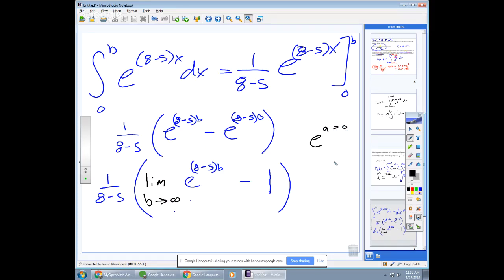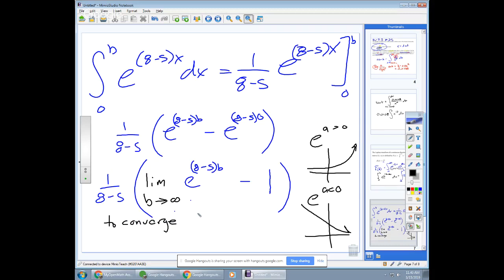If a is greater than 0, then e to the a looks like that. It increases forever. Okay. However, if that a is less than 0, then I get a decreasing exponential function, and that converges. So in order for this to converge, we want 8 minus s to be less than 0. If we solve that, I would add s to the other side. That means 8 has to be less than s, or you could say s is greater than 8.